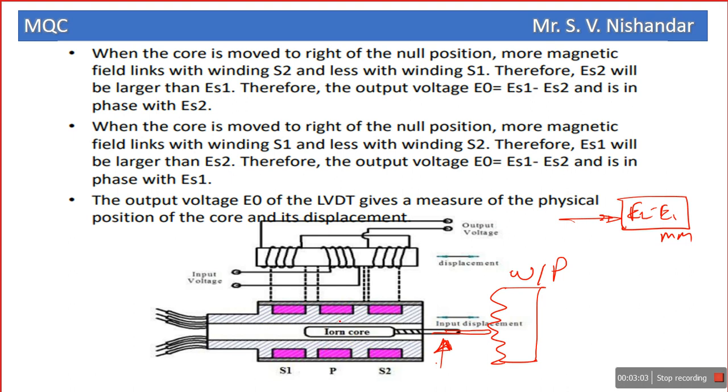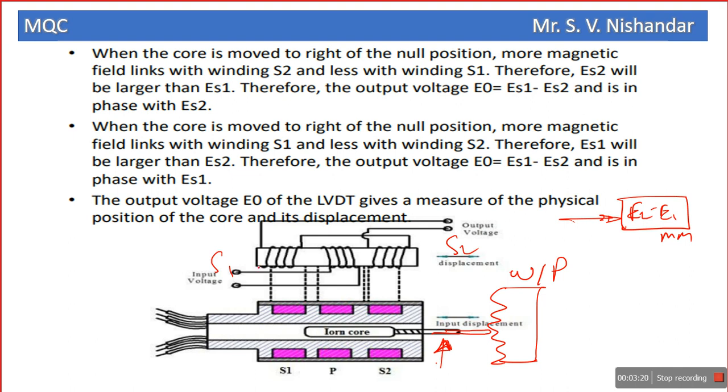That magnetic flux again comes in contact with the secondary windings, S1 and S2. Whenever the core is in its null position, the magnetic flux produced by this core is cut equally by S1 and S2.